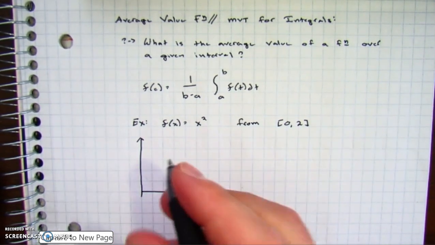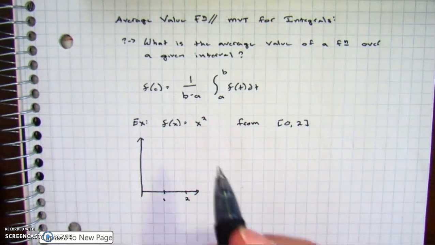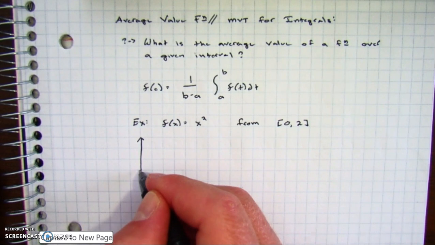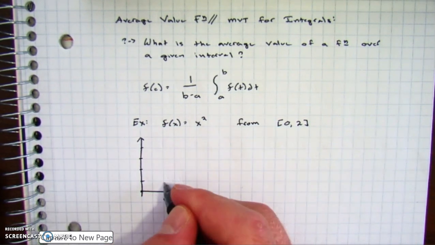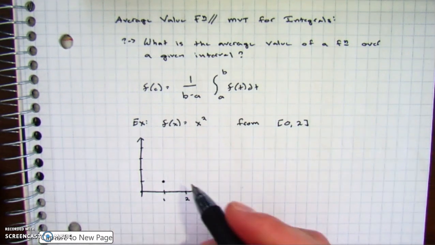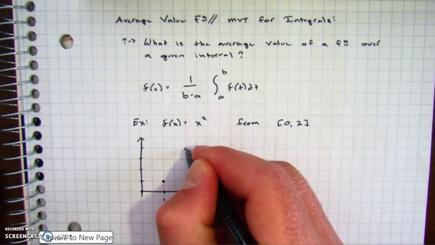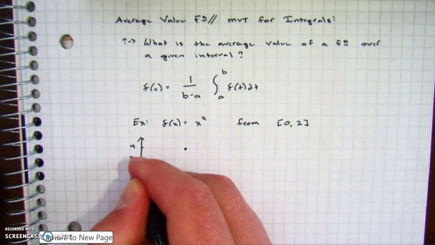Let's sketch this out. Here's 1, and here's 2, and then 1, 2, 3, and 4. We start at 0, 0, then we go to 1, 1, because 1 squared is 1, and then 2 squared is 4, so we might as well label those.